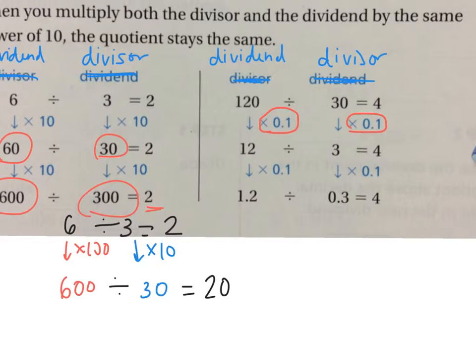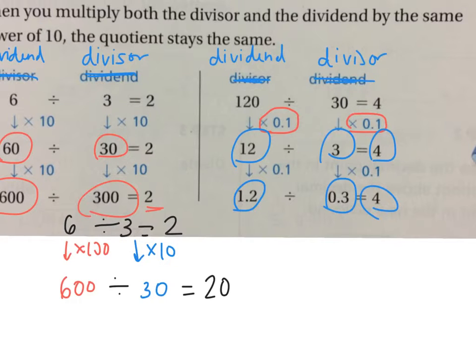So if I divide 120 by 10, I get 12. And if I divide 30 by 10, I get 3. And look, does my quotient stay the same? And if I divide by 10 again, I get 1.2. And divide the divisor by 10 again, I get 3/10, and my quotient stays the same.